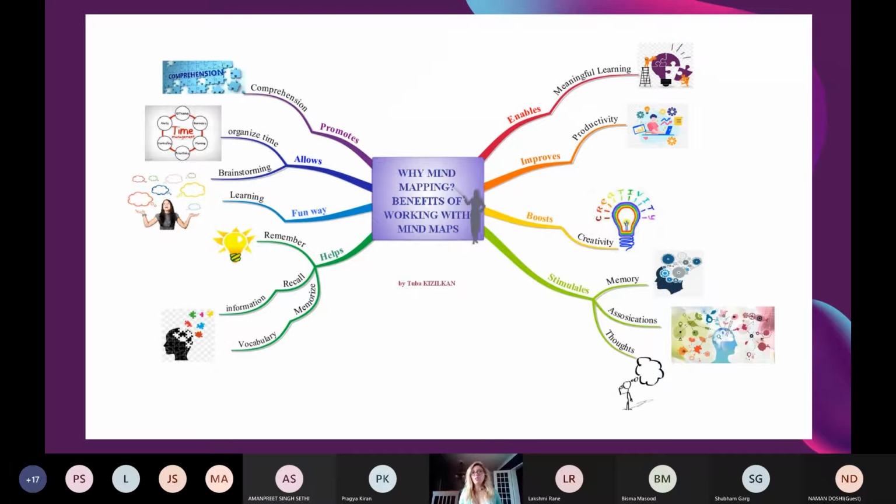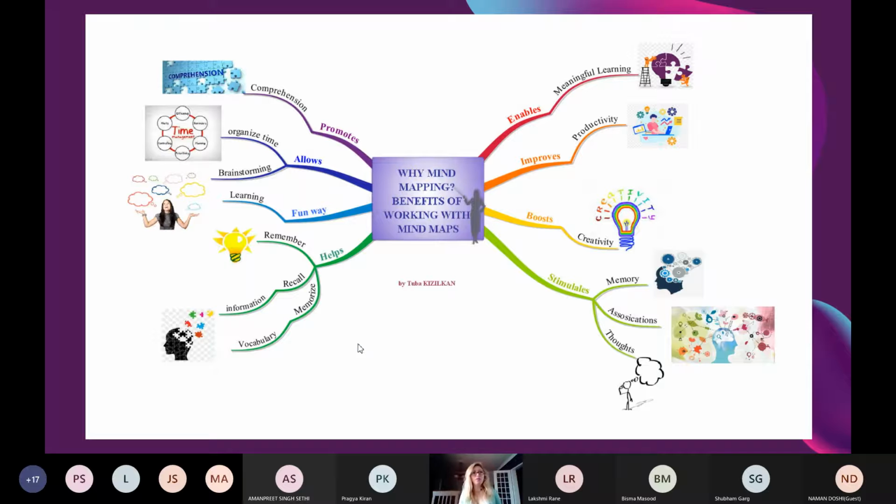You can add videos and your own recordings and everything, and it boosts creativity because it involves images and so many things you can add through your learning process, and it stimulates your memory and associations and your thoughts. Through the process of your language learning, you can add some more thoughts, so it can always get larger and larger, and you can enlarge your mind map.